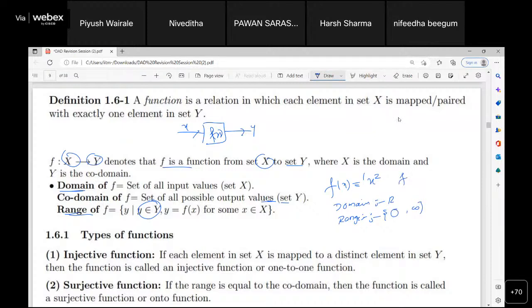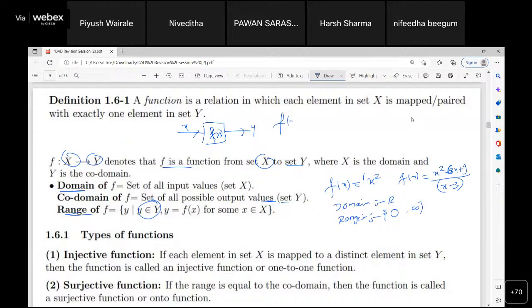And suppose I have f of x like this. Then in that case, what will the domain be and what will the range be? Is it visible? It is x square minus 6x plus 9 divided by x minus 3.